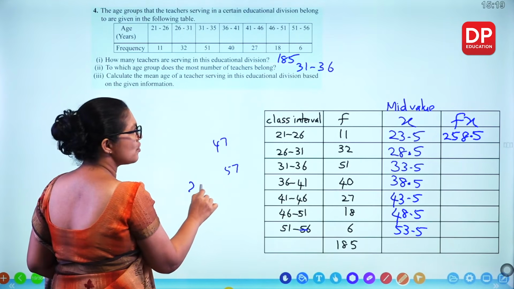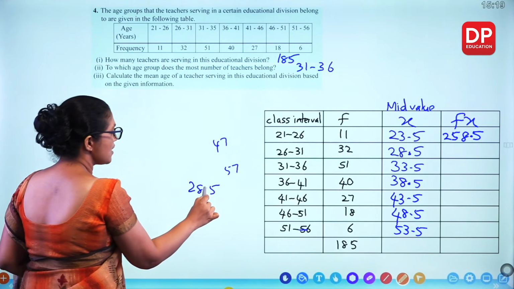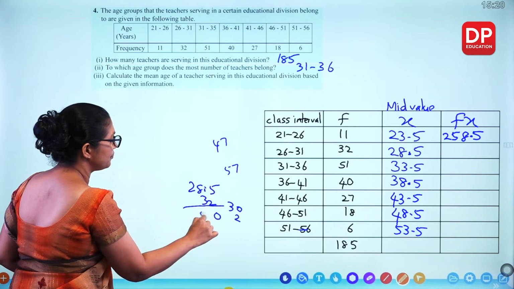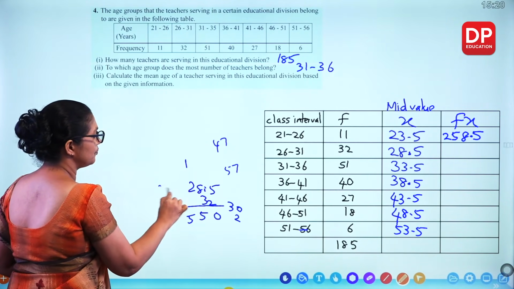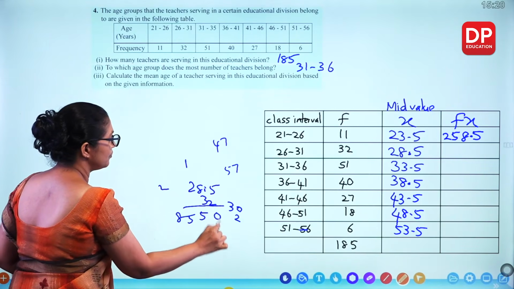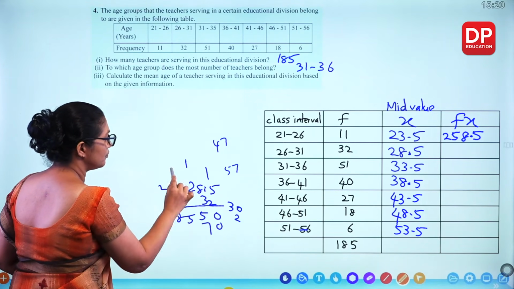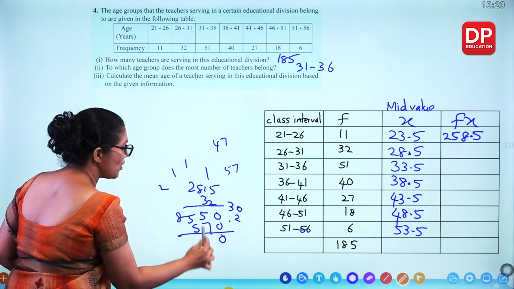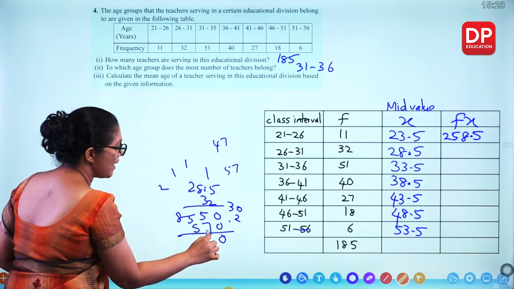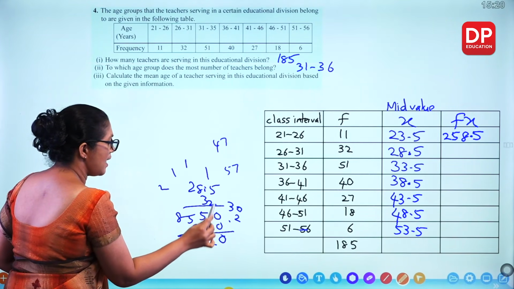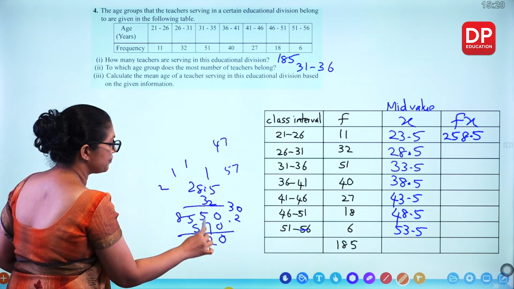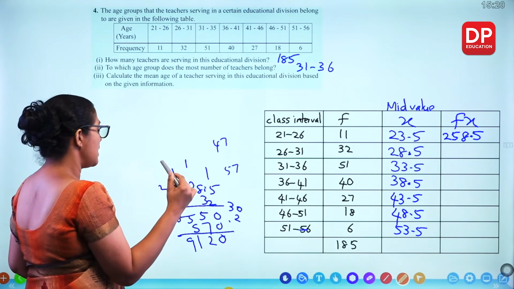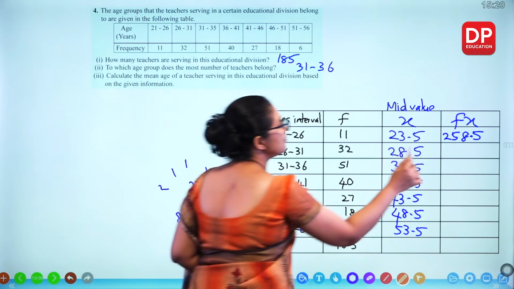So here you have to do long division. I'm not showing the multiplication. You do it separately and add it. So the answer is 912.